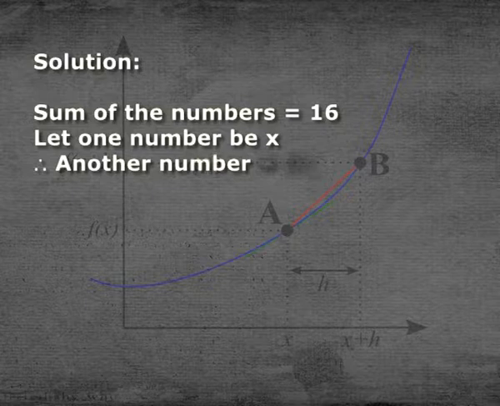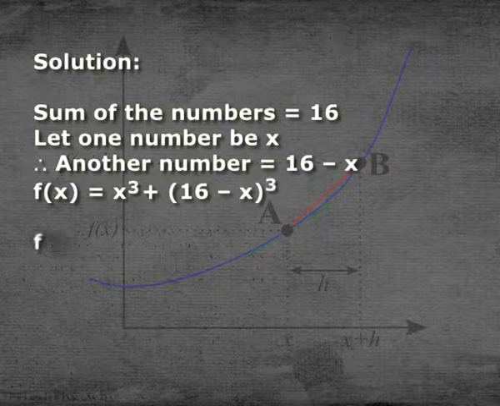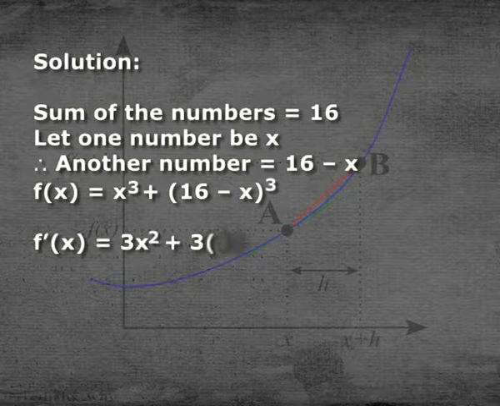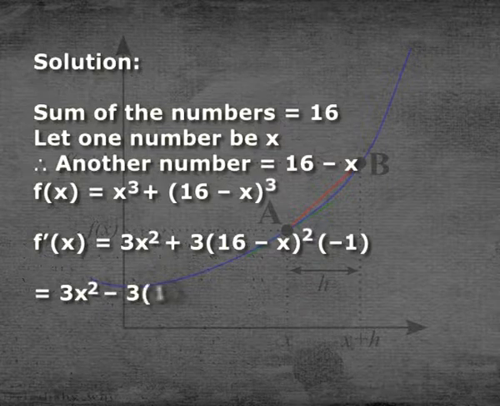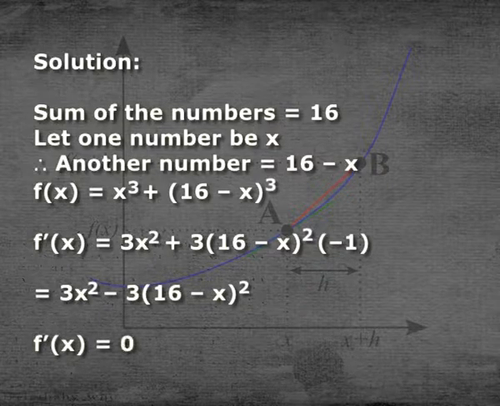So the function will become f of x equal to x cube plus 16 minus x the whole cube. So f dash x will be 3x square plus 3 into 16 minus x the whole square into minus 1, that is equal to 3x square minus 3 into 16 minus x the whole square.